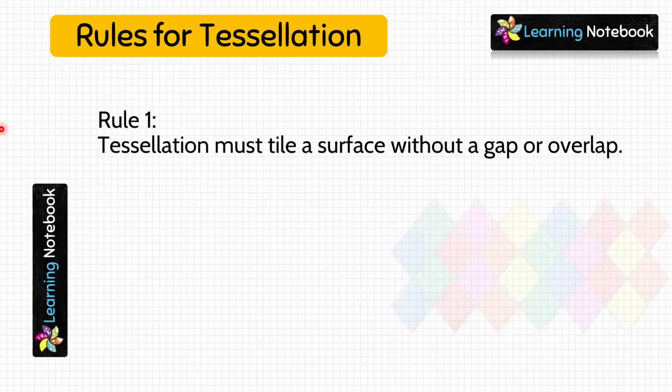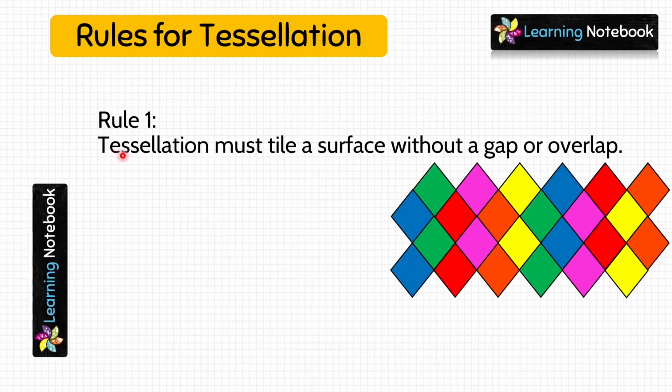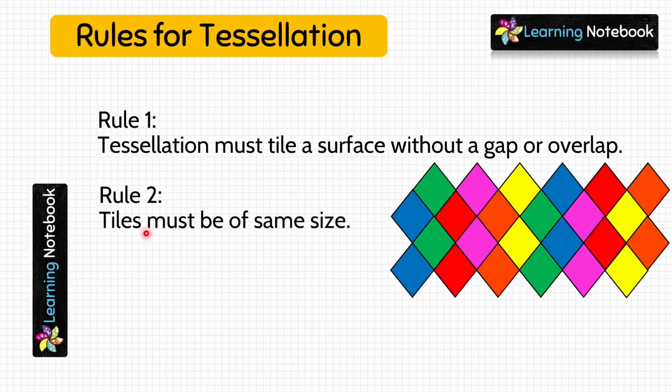Now let's understand the rules for tessellation. Rule 1 is tessellation must tile a surface without a gap or overlap. This is the first rule, students, that in tessellation there should not be any gap or overlapping, right? Now rule number 2 is tiles must be of the same size. Like here in this tessellation, all the tiles are of the same size.